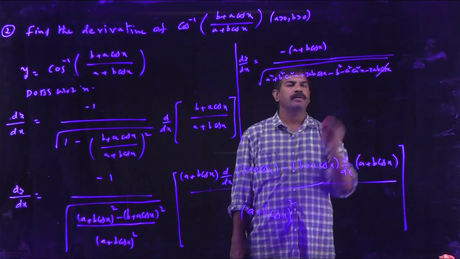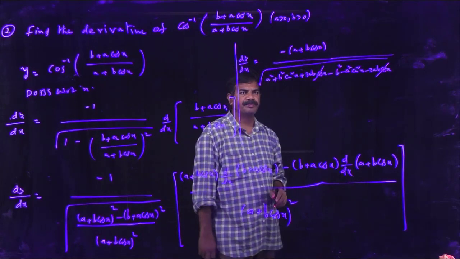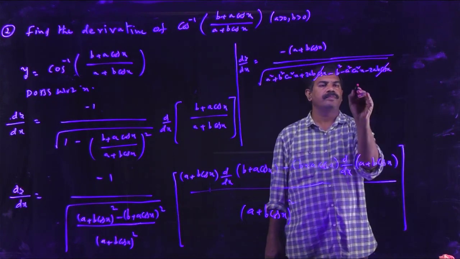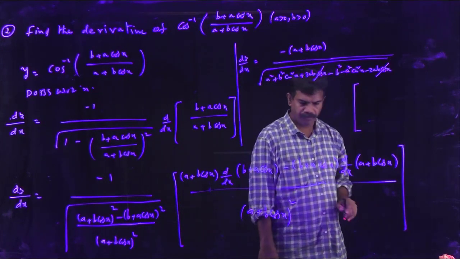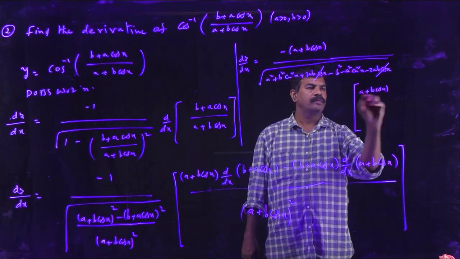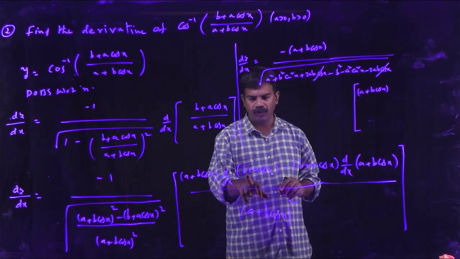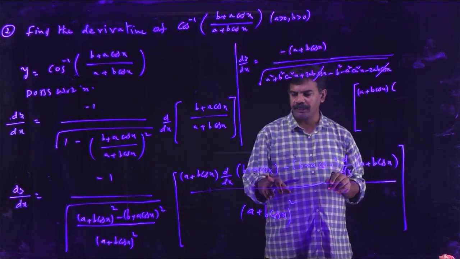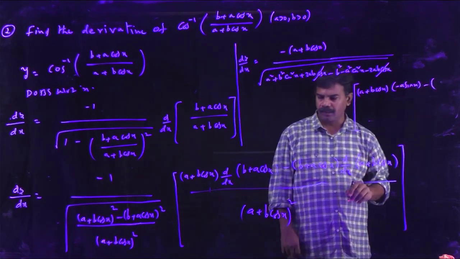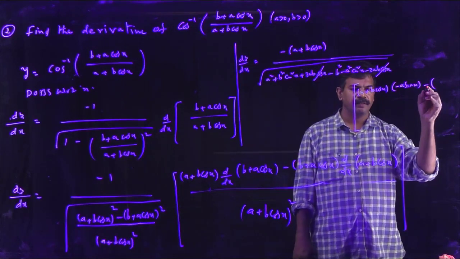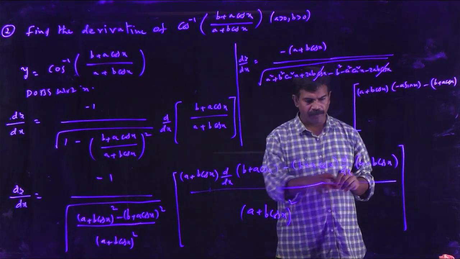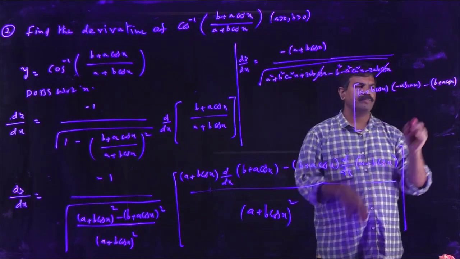That is minus 2ab cos x plus 2ab cos x cancel, into (a plus b cos x), derivative of constant is 0, derivative of cos x is minus sin x, minus a sin x, minus of (b plus a cos x) into derivative of constant is 0, that is minus b sin x.